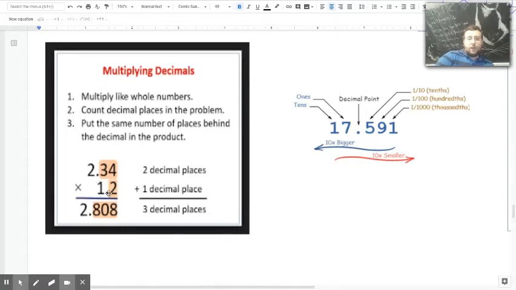So let's see. 2 times 4 is 8. 2 times 3 is 6. Now, they're not actually showing you all the steps, so I'm going to show you that over here on the side. 2.34 times 1.2. By the way, I always put the number that has the most digits on top and the shorter one on the bottom, because it's less work that way, right?